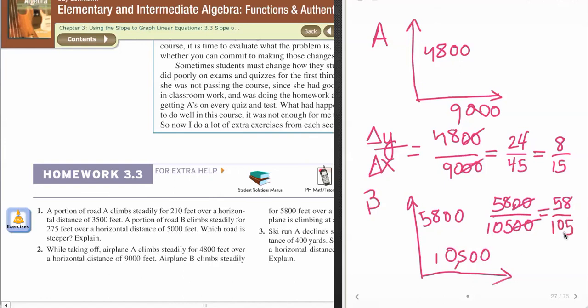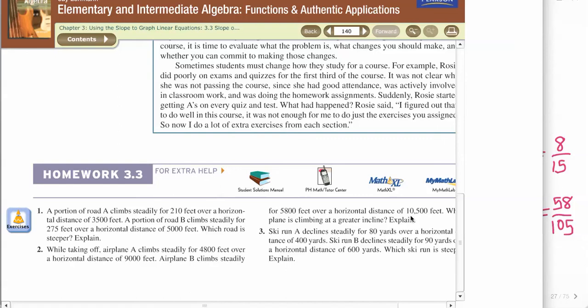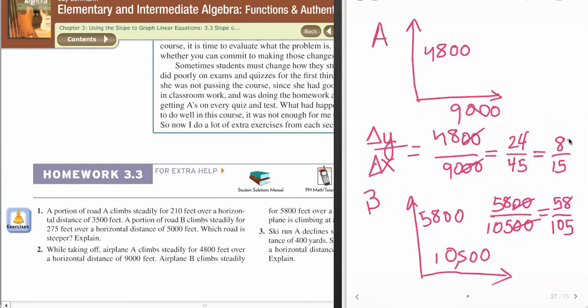And so what we're looking at is which one has the greater incline, and we want to explain. So for every 8 units here, we go up 15. For every 58 here, we go up 105. Now that's a little hard for us to think about.